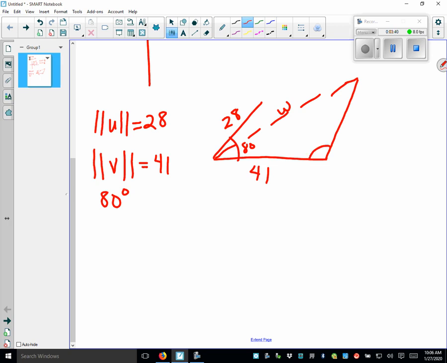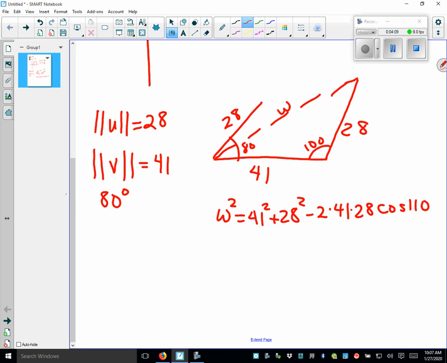Well, this must be 28. 100? How do I find W? W squared equals 41 squared plus 28 squared minus 2 times 41 times 28 cosine 100. Then how do we get 100 again? So it was supplementary. 80. Okay, well, that would make a difference.